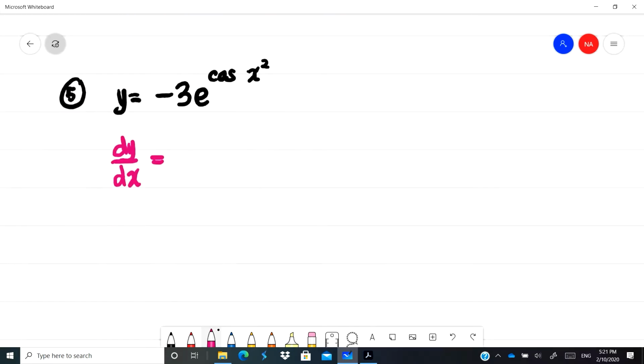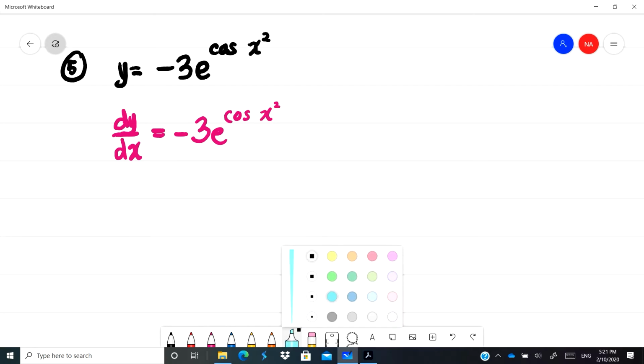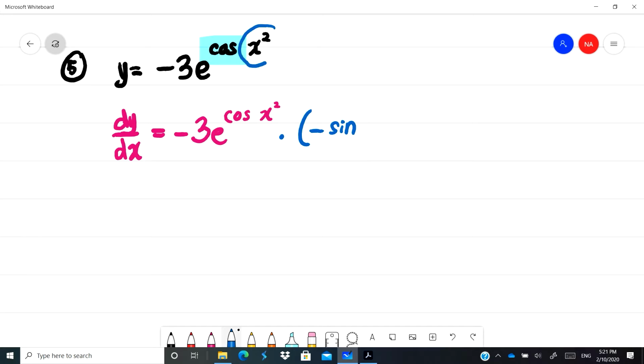Okay, so let's move to question number 5. You have negative 3 e to the power of cos x squared. What you have to do first is to differentiate the exponential, which will give you the same thing, negative 3 e to the power of cos x squared. But now you have to differentiate the cosine function. Differentiating that cosine function will give you negative sine of x squared.